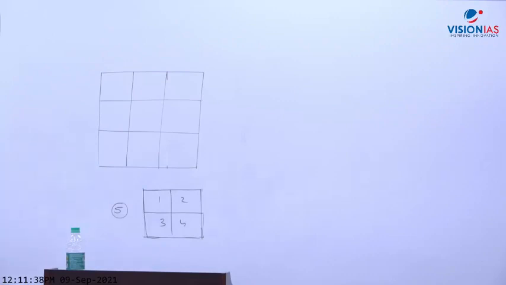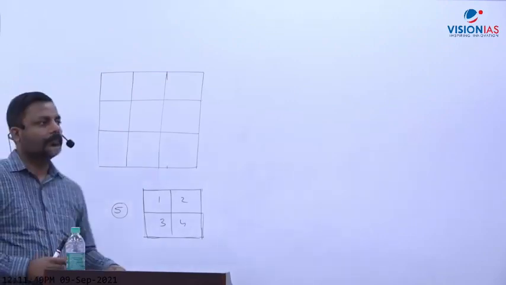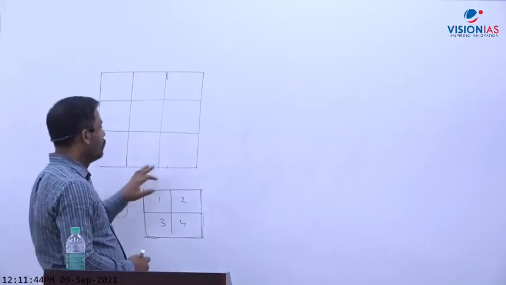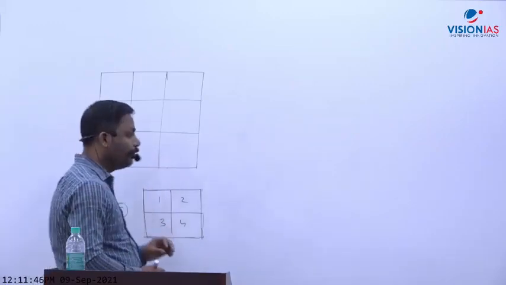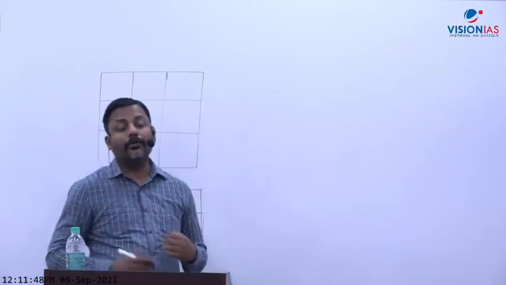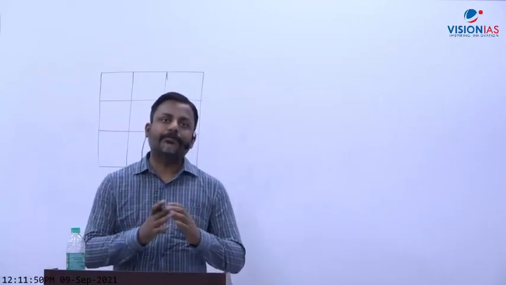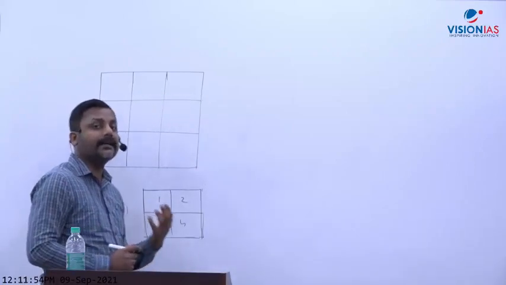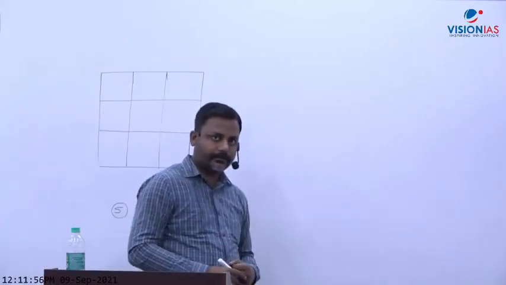See, the counting method says first try to find how many types of squares are there in this figure. Means how many different sizes of squares are there in this figure. Okay?